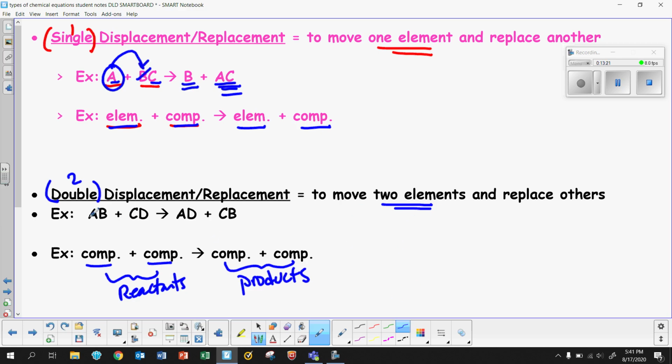So in this example at the beginning, two elements did switch places. A came and switched places with C so that A and D could form a new compound, which meant B and C were going to form a new compound. And that's what you see over here. We have CB.